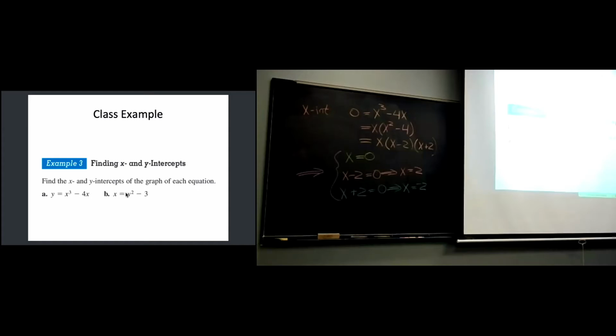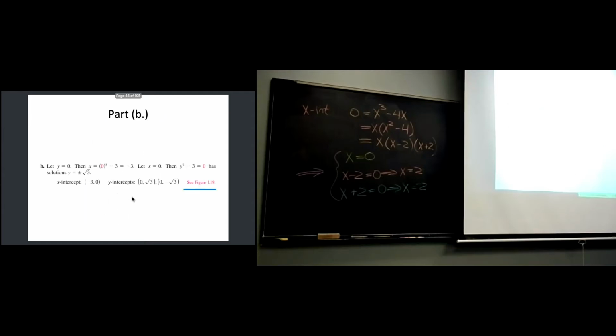So our y-intercepts are going to be plus or minus square root of 3. And our x-intercepts are going to be -3, right? Makes sense what I mean? And that's in fact what we get. X-intercept -3, y-intercept square root of 3, negative square root of 3.